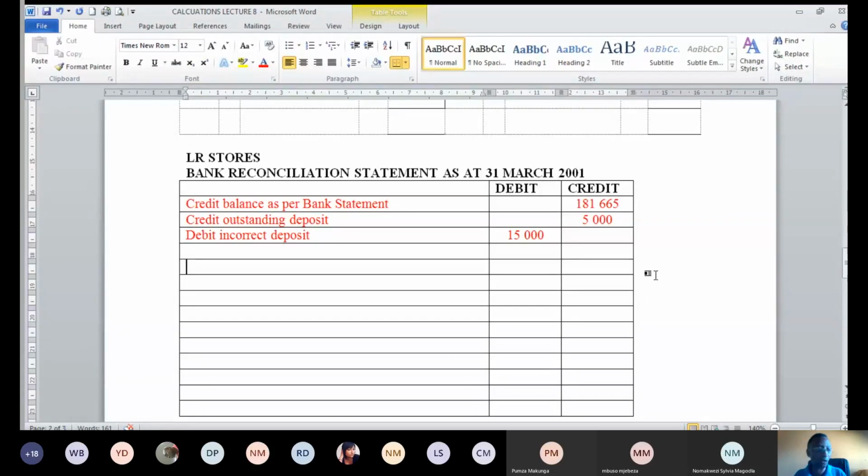So if I'm going to do the comparison now, guys, and I'm ticking in my cash payments journal, the first amount of 4,500 Rand is there. The next amount of 900 Rand is not there. The next amount of 500 Rand is there. 6,700 Rand is not there. 40,000 Rand is there. 2,000 Rand is there. 500 Rand is not there.